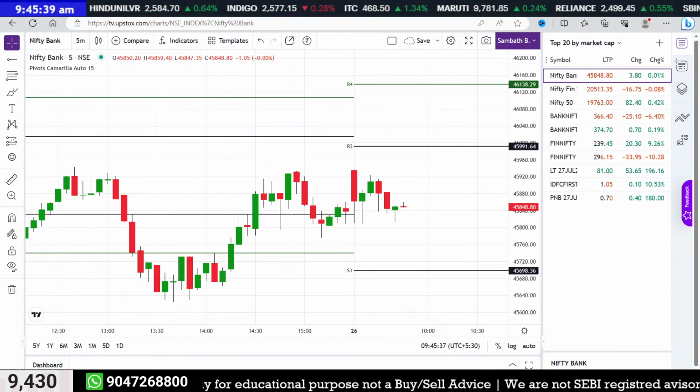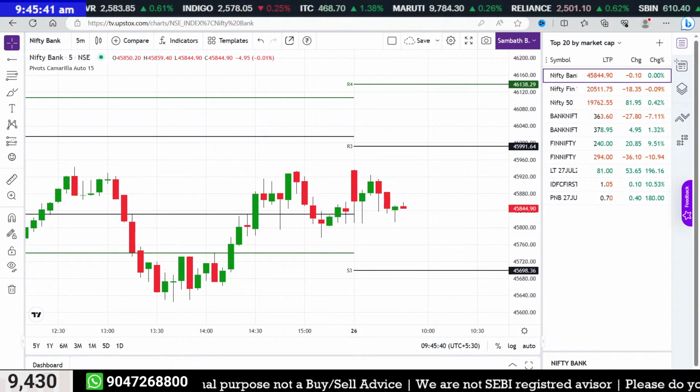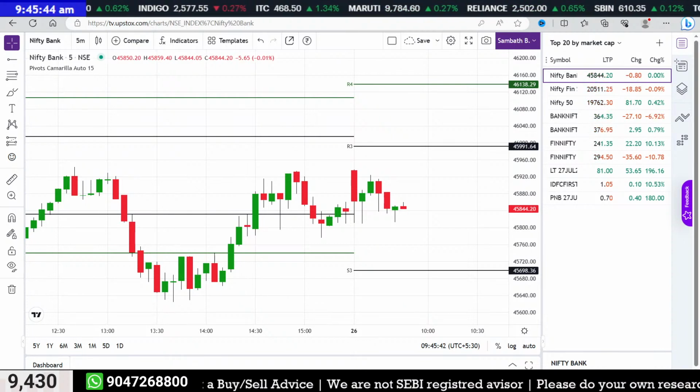Again, LNT 81, maybe higher margin required to do the trade.